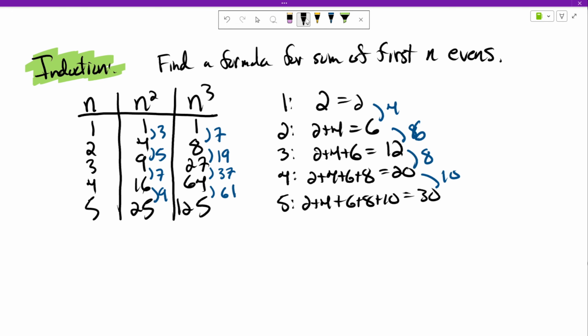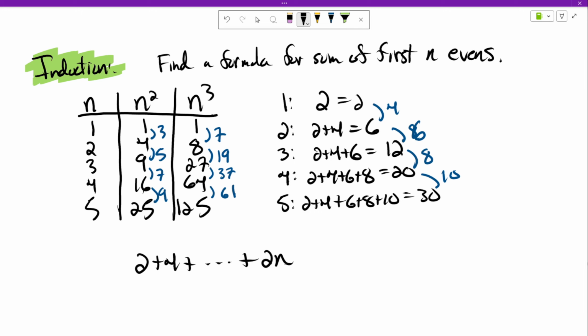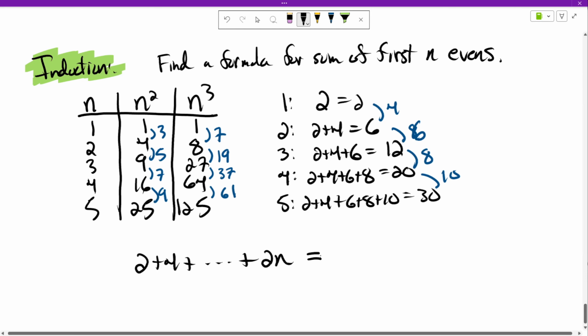So what this is telling me, and once you do enough of these, it'll also be telling you, the intuition is there should be a formula that says that the sum of the first n evens, so the nth even number is 2n. For example, when n is 1, 2n is 2. When n is 2, 2n is 4, and so on, should be somehow a quadratic function.